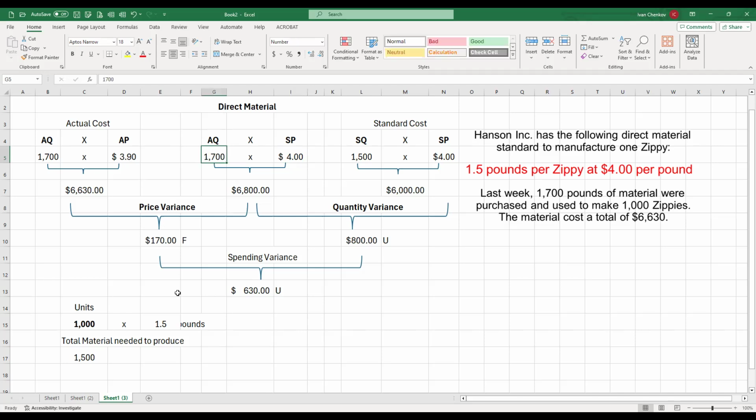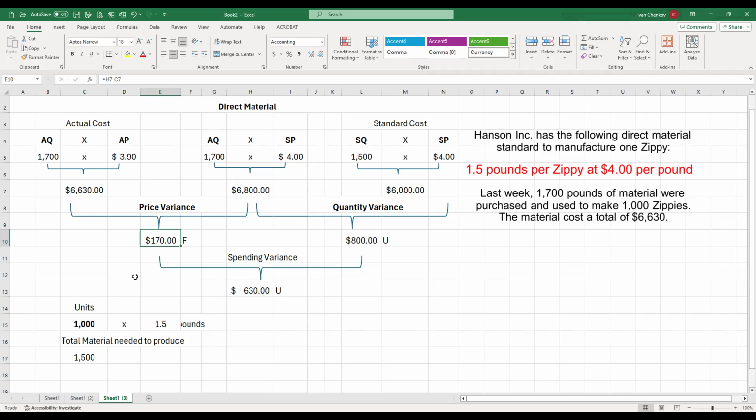Over how many pounds? 1,700. So that's 1,700 pounds times 10 cents, which gives us $170, correct? Because the price per pound went down by 10 cents, we're saving $170 on 1,700 pounds. Make sense?